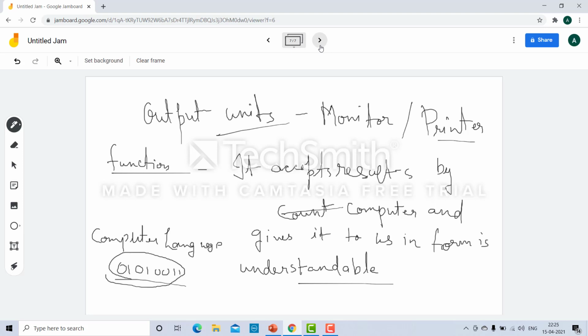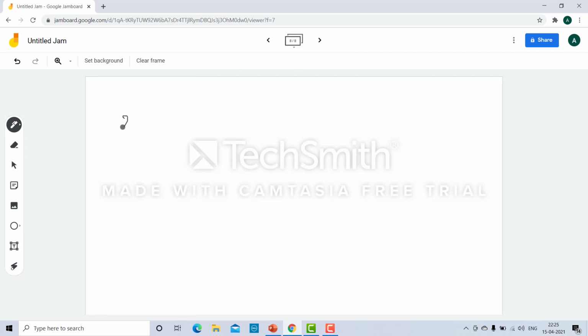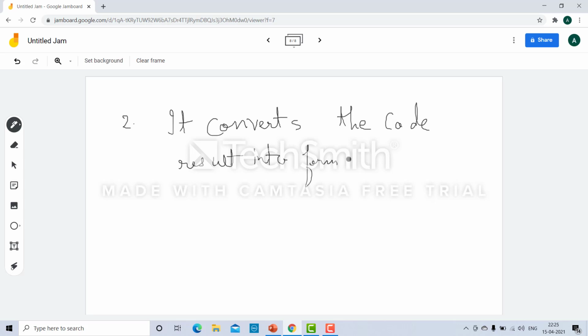Okay. Then what is the next function? It converts the code so that it can be read by us. It converts the coded result, okay, into a form that we can read out.